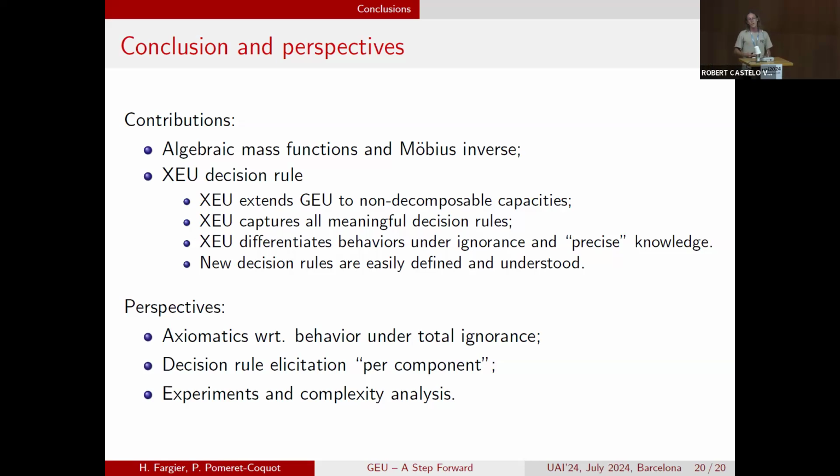And finally, we aim to see how this framework may be tractable in practice, because mass functions are known to be often sparse, hence enabling tractable algorithms in the classical case of clause-based mass functions. And so we aim to see what kind of property we need on the abstract mass function in order to have such tractability. Okay, thank you for your attention.